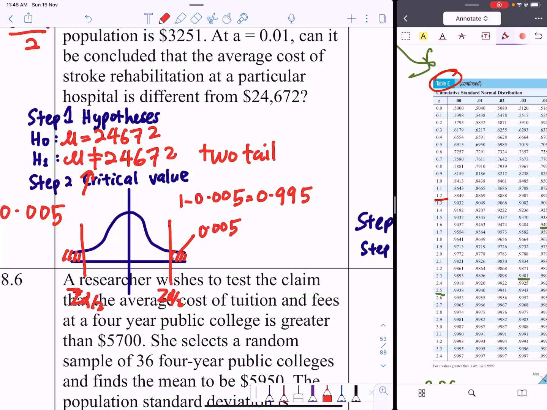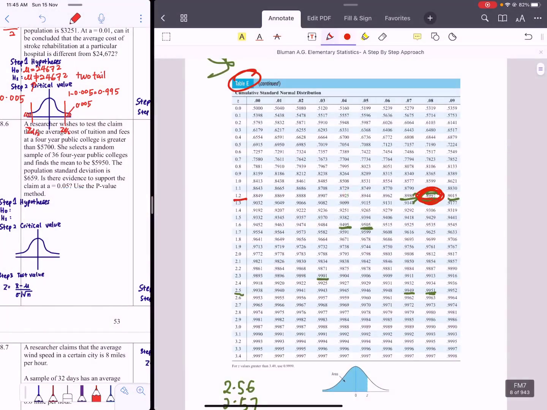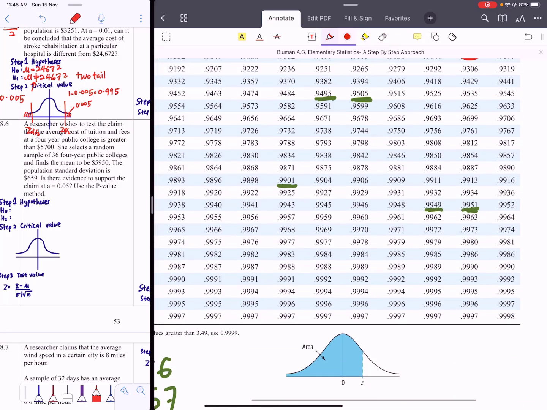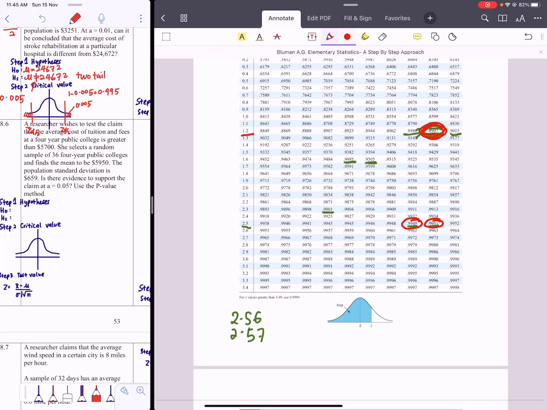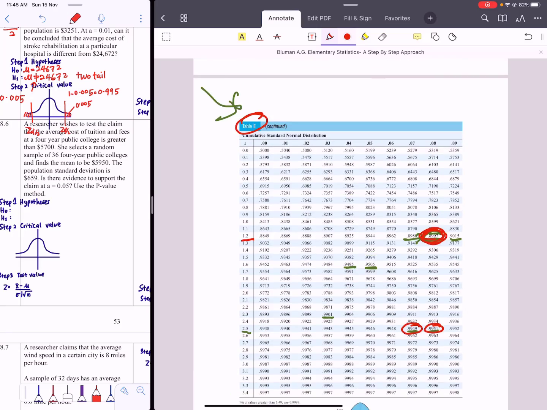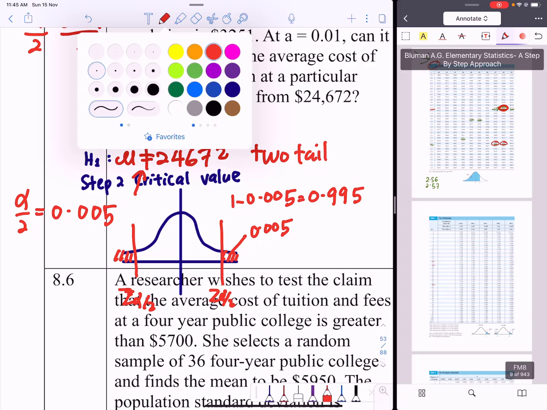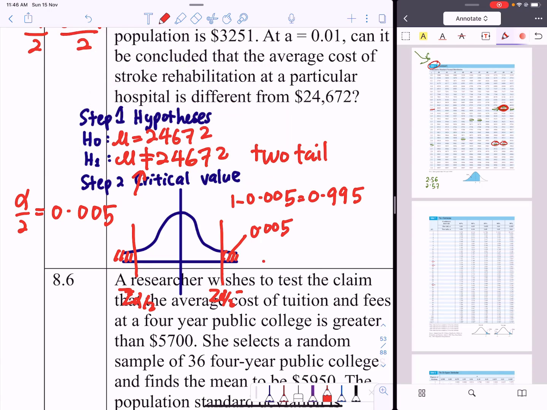We try to find 0.995 in the table. You can use this table here. The value is 2.58, so the critical values are positive 2.58 and negative 2.58. You have two sides here.